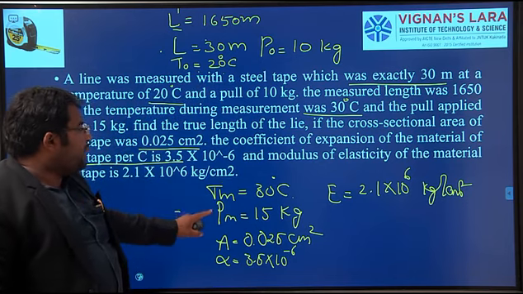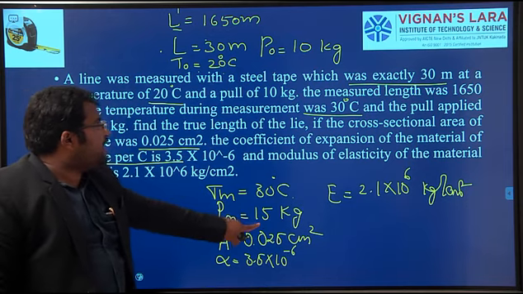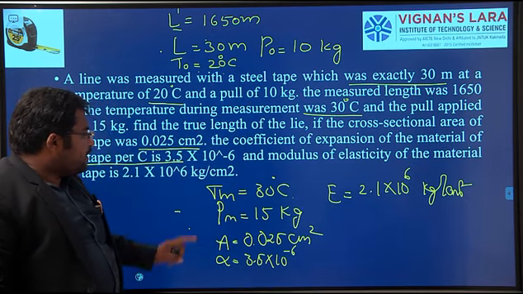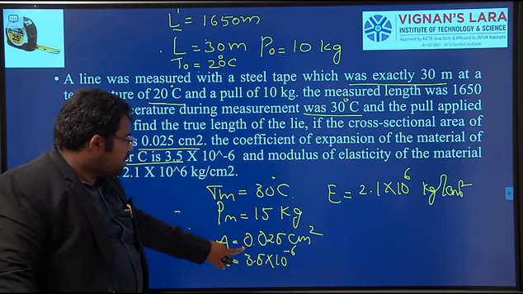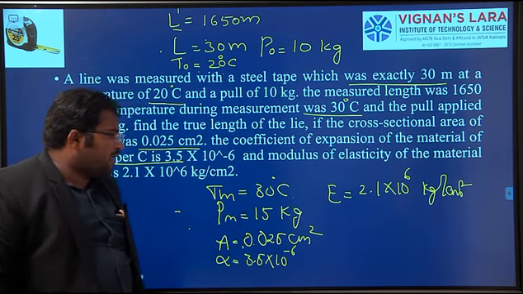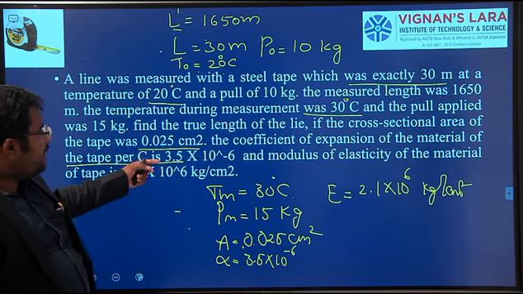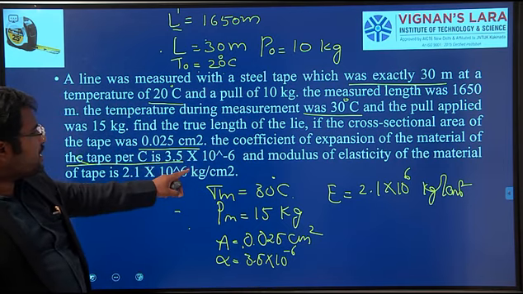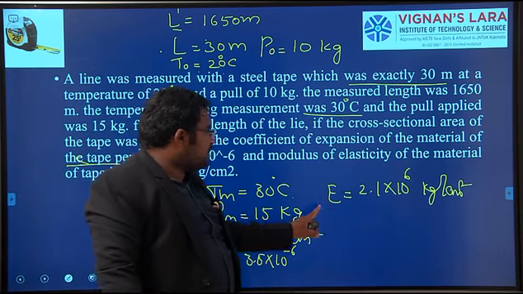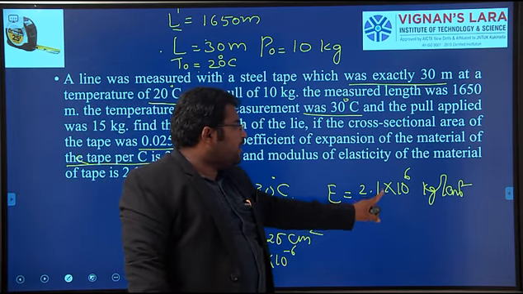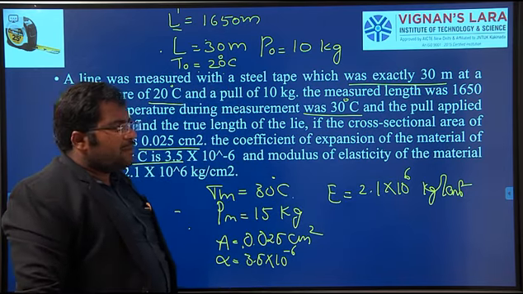Then we applied a pull of 15 kg, normally it is 10 kg. The area of cross section of the tape is 0.025 centimeter square, the coefficient of expansion of the material is 3.5 into 10 power minus 6, and the elastic modulus is 2.1 into 10 power 6 kg per centimeter square.